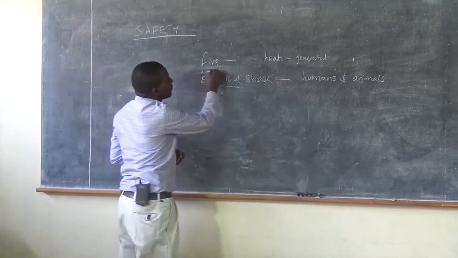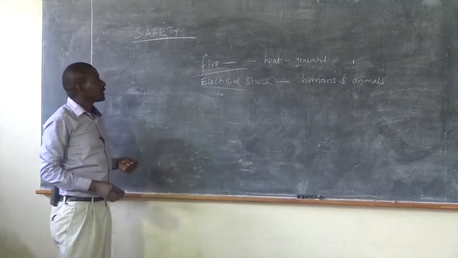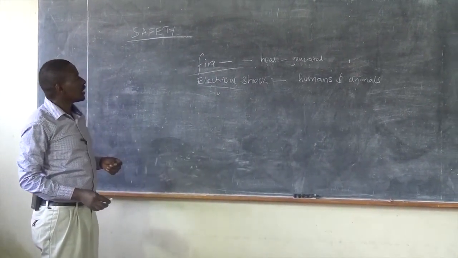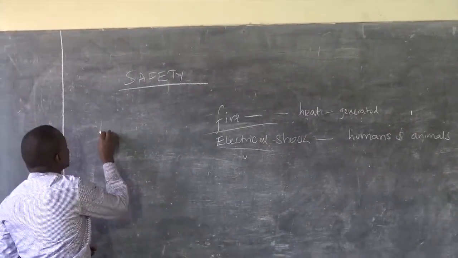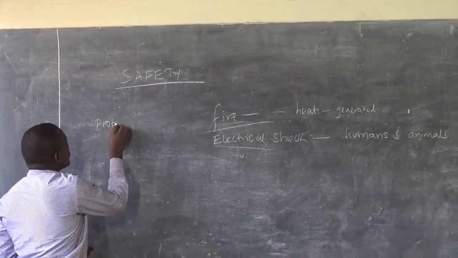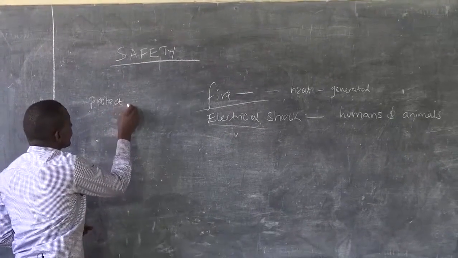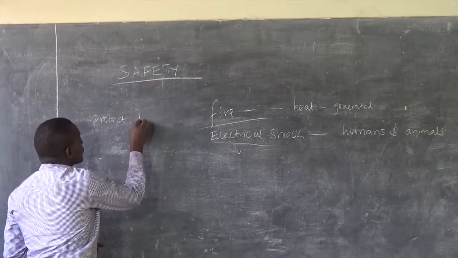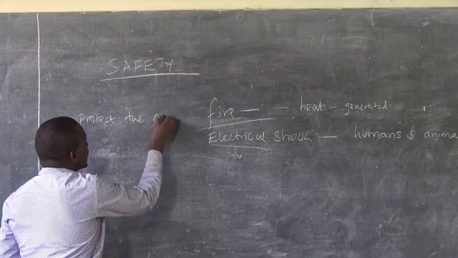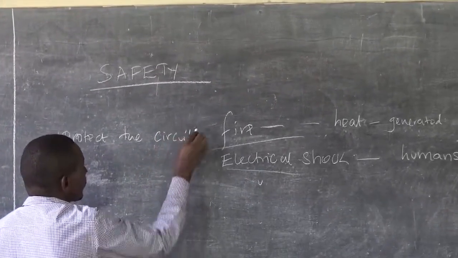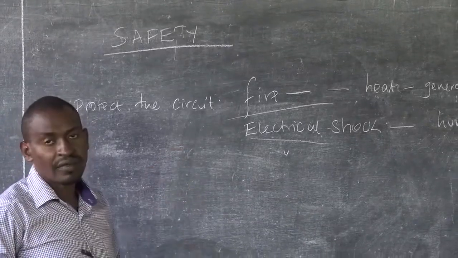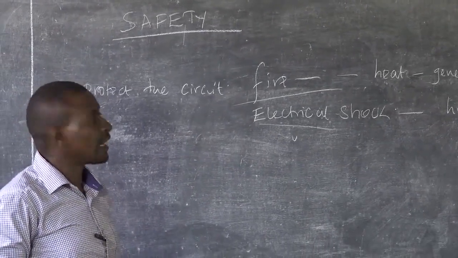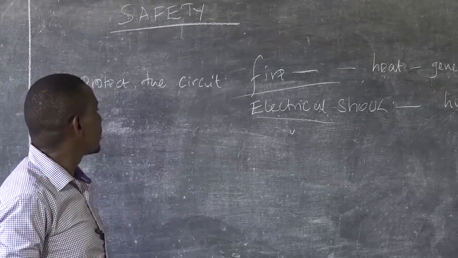The first one is to make sure that when we are handling electricity, we use protection. We protect the circuit such that we don't have a very huge amount of current flowing at any particular moment.